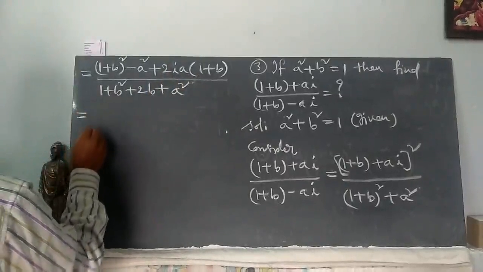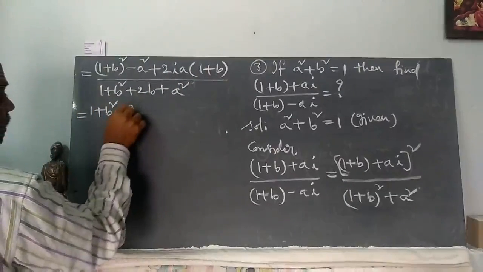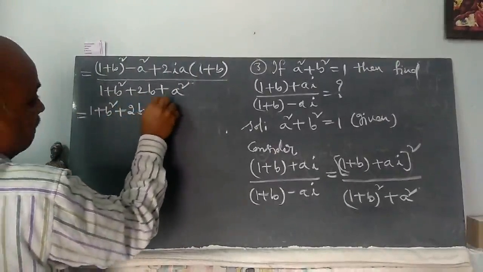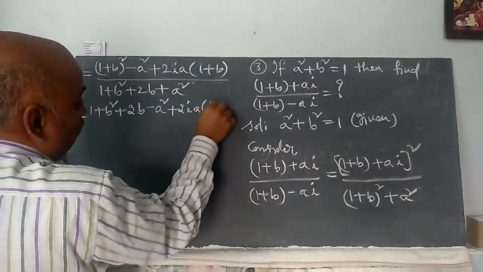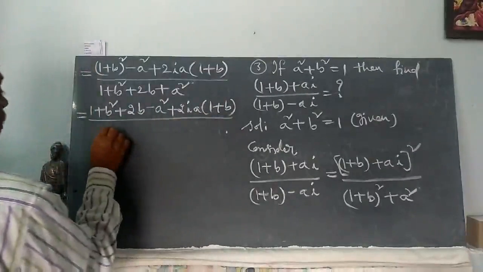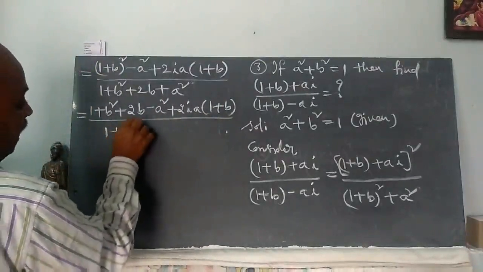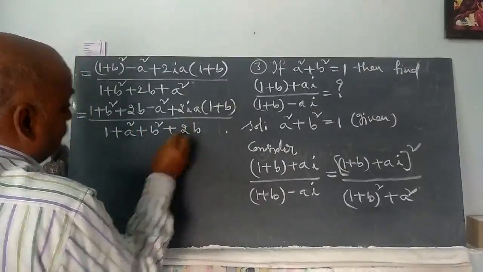This is equal to 1 plus B square plus 2B minus A square plus 2iA into (1 plus B) whole by 1 plus A square plus B square plus 2B.